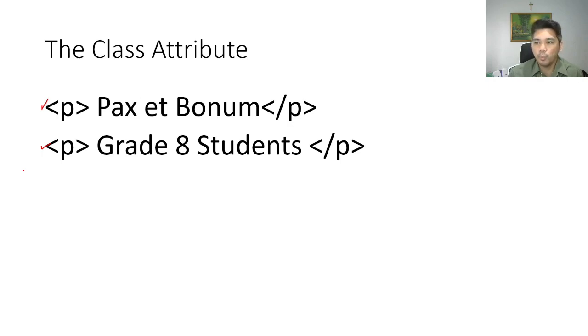But what if we want a specific paragraph tag to have a different style? We will now give names to paragraph tags so that we will be able to identify them and later on give specific instructions on how to style elements with a name.